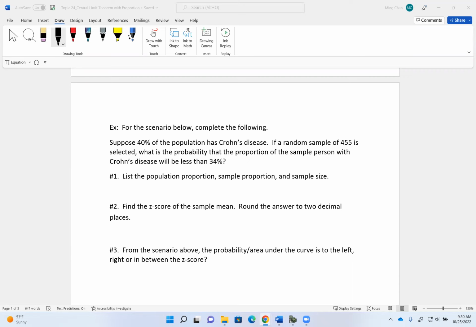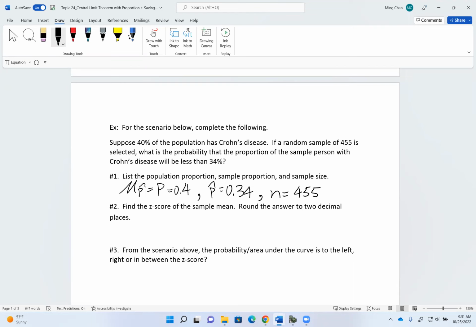Let's list the population proportion. The mean of p hat will equal the population proportion p, which is 40%. Your sample proportion p hat is 34%, or 0.34, and the sample size is 455.